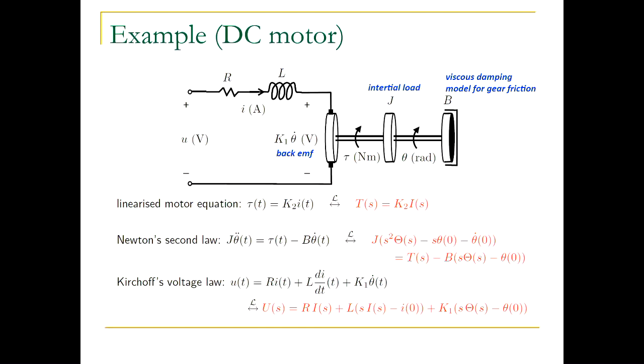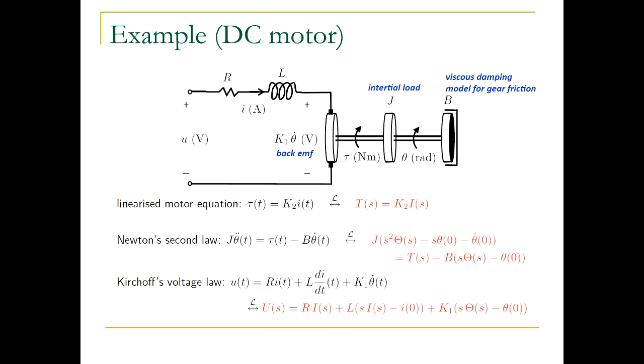So how do we approach this problem? Well, we want to use Laplace transform, everything we've learned. So let's take the Laplace transform of all of these time domain equations. This is a time domain equation, this is a differential equation, this is a differential equation. Let's take the Laplace transform of all of them. Well, that's what we get. What is given in red is what we obtain by applying the Laplace transform to these equations.